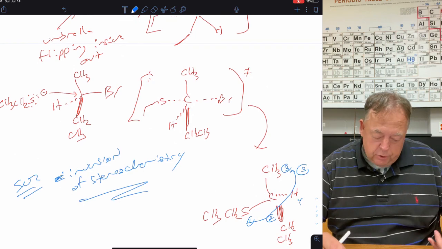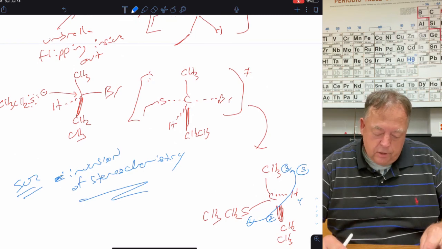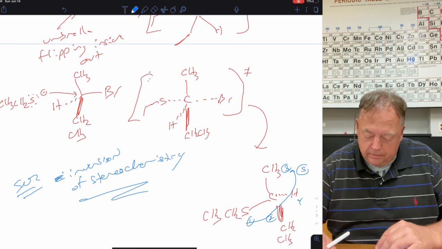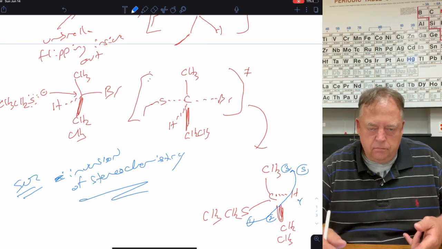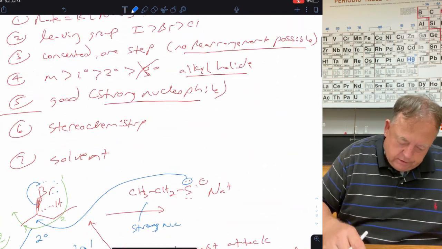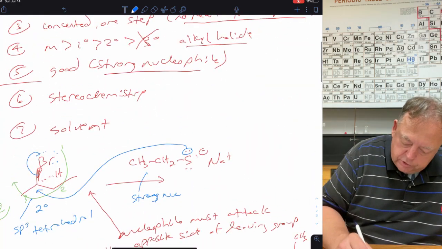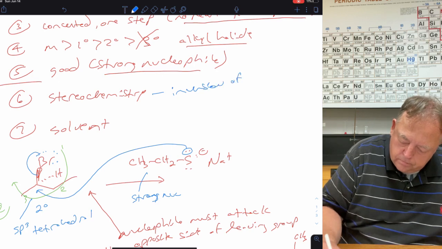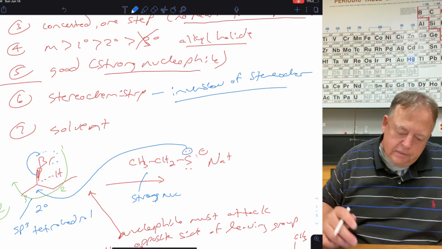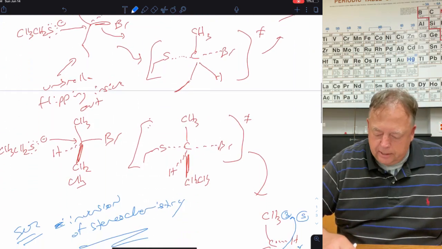That's because the bond to the nucleophile has to make at the same time that the bromine is leaving, and the nucleophile has to come in opposite of the bromine. So you get inversion of stereochemistry. Let's take a few examples to illustrate that.